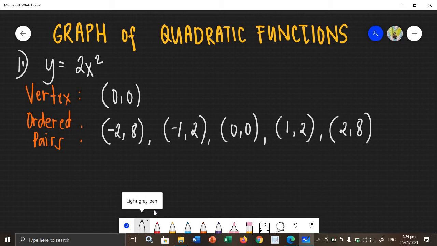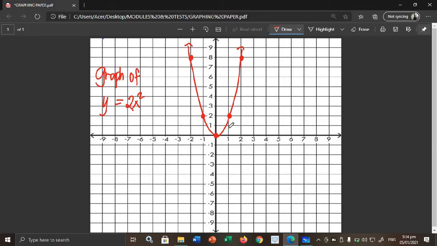Kapag naman sinabi nating y-intercepts, these are the ordered pairs that cross the y-axis. So in this example, wala namang ordered pair na nag-cross ng x and y-axis. So we do not have an x and y intercept. In this case, nasa origin tayo yung vertex.